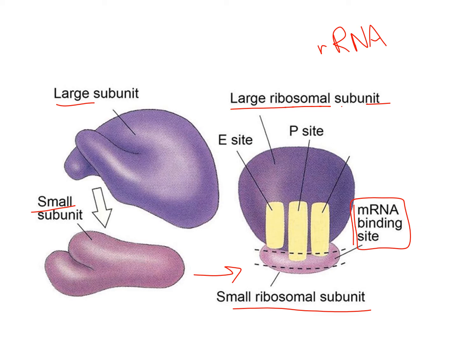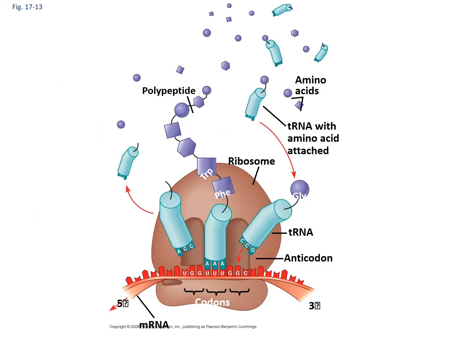These 3 sites are called the E site, the P site, and the A site, and that is where the tRNAs will bind. The A site is the attachment site, P is the peptide site, and E is the eject site. When a ribosome actually performs translation, it is basically doing 3 things.